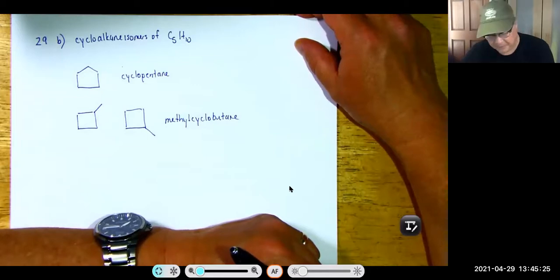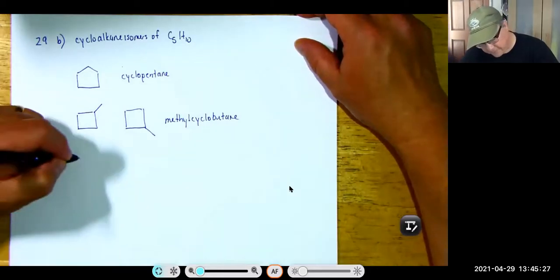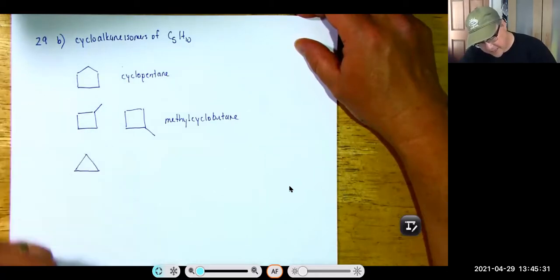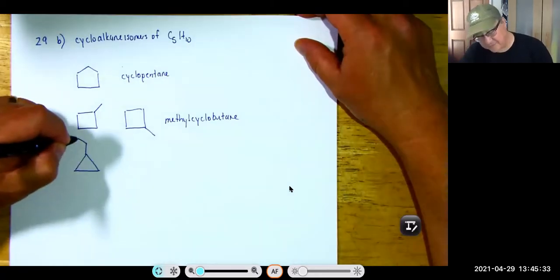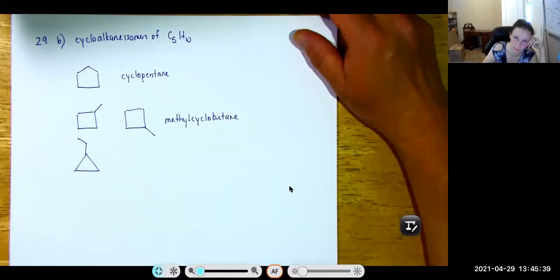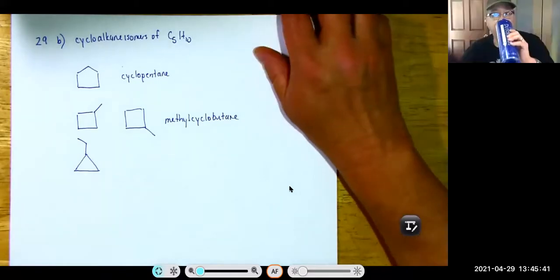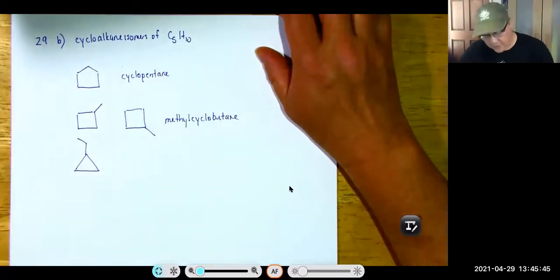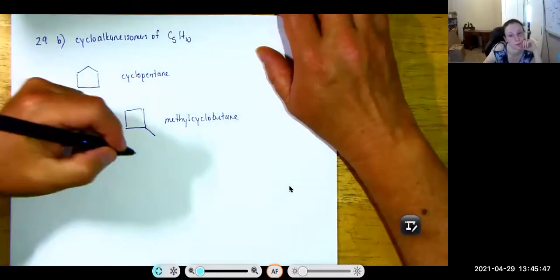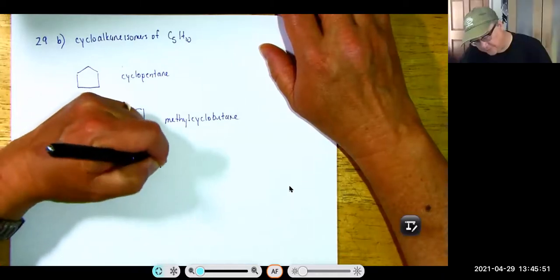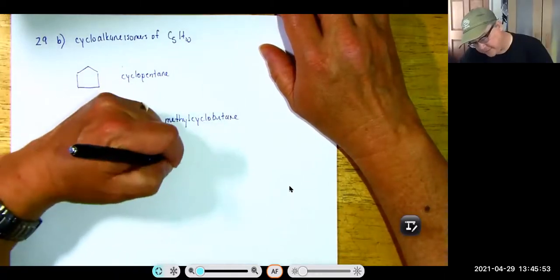Yeah. Okay. So now we cut it down to this, and I'm going to do this. Is this 5 carbons? Yeah. And it does happen to be 10 hydrogens. So this one is called ethylcyclopropane.